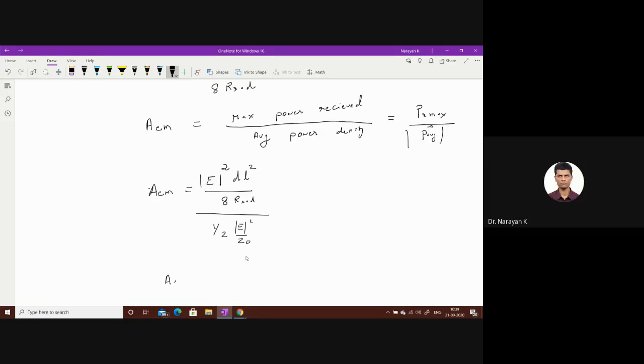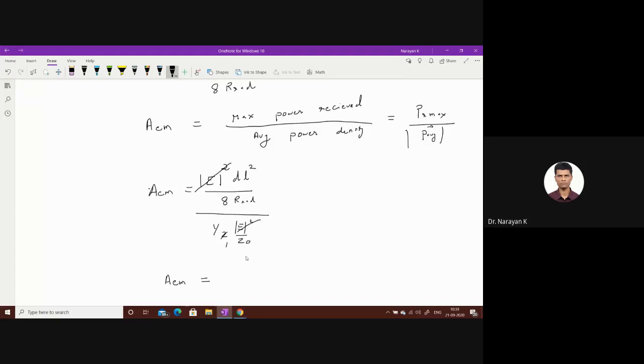So if I were to calculate this, what will happen? E square will get cancelled. Yes or no? Yes, sir. So this E square and E square will get cancelled. This 2 will go up.